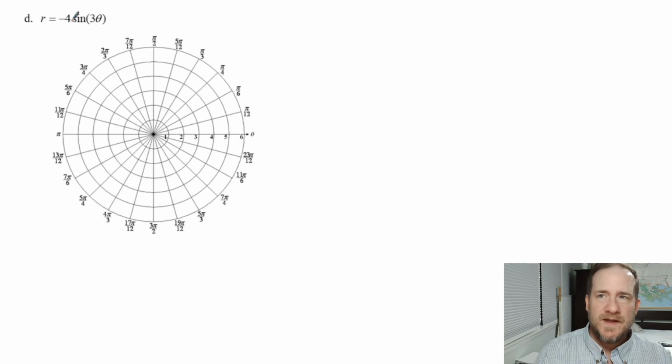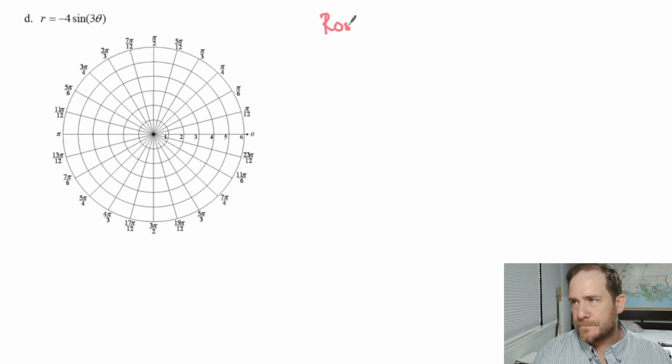This one has an A value and a B value. So you should hopefully be recognizing this as a rose! You should notice that because that coefficient, that B value is 3, that's odd. So the number of petals is actually 3.